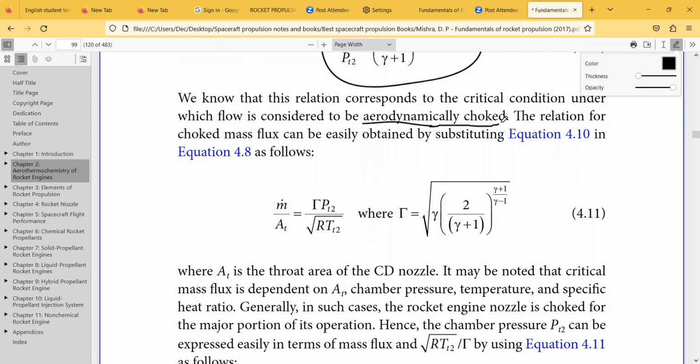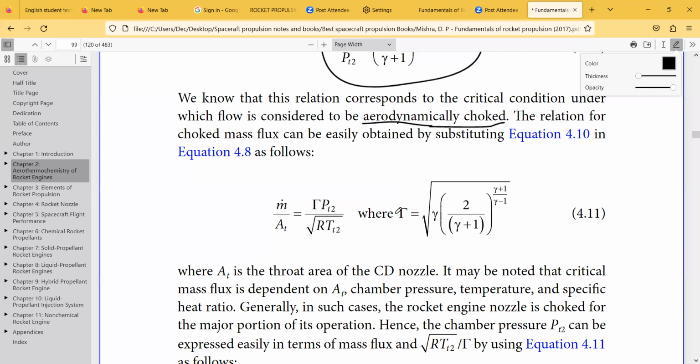Like choking when we are taking food or water, sometimes we may feel choking in our throat. Similar to that, when high compressed gas is coming and accelerating through the throat, the narrow region, it tends to choke. So at the choking condition, the mass flow rate versus throat area is given by this symbol, which is gamma times (2 over gamma plus 1) to the power of (gamma plus 1) over (gamma minus 1).